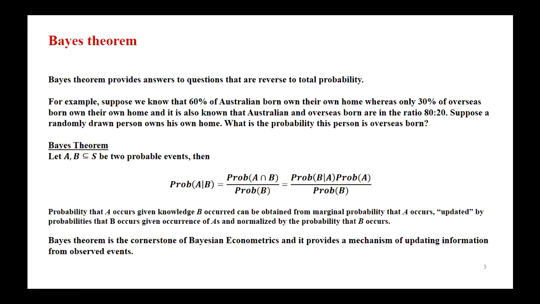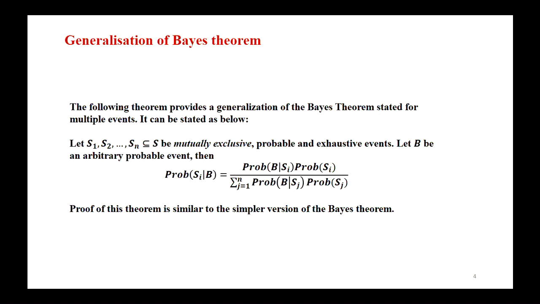Back to my desktop. It's straightforward. So we just considered Bayes' theorem with two events, A and B. It's very straightforward to generalize to more than two events. So we have the following generalization.